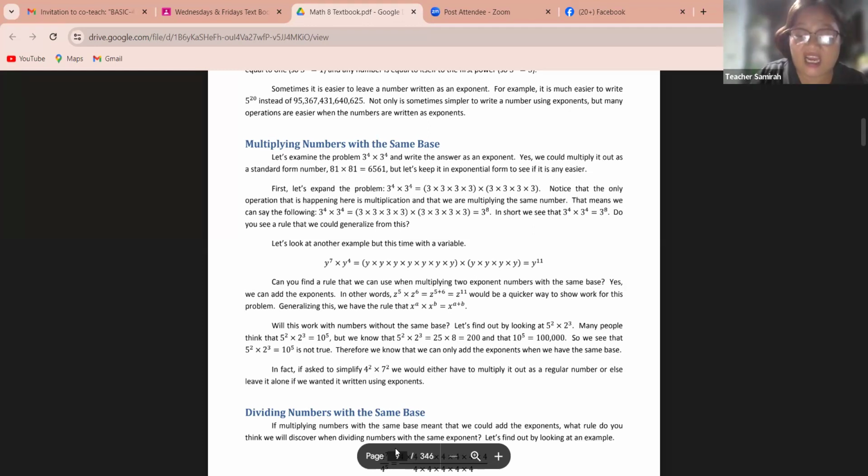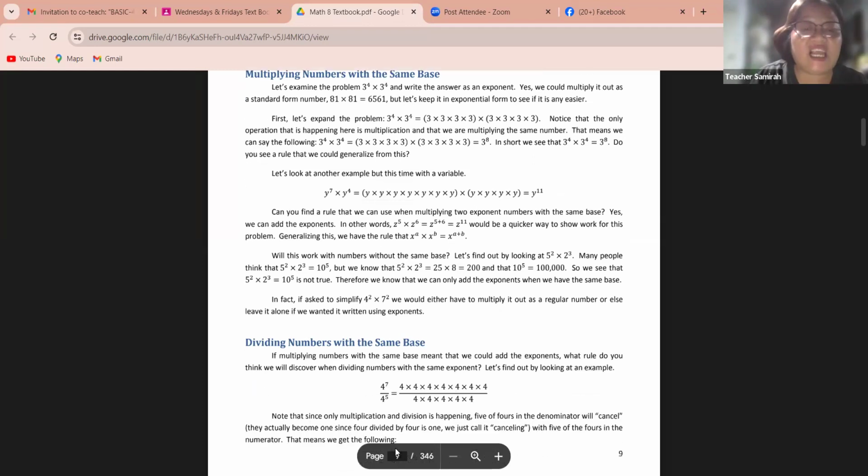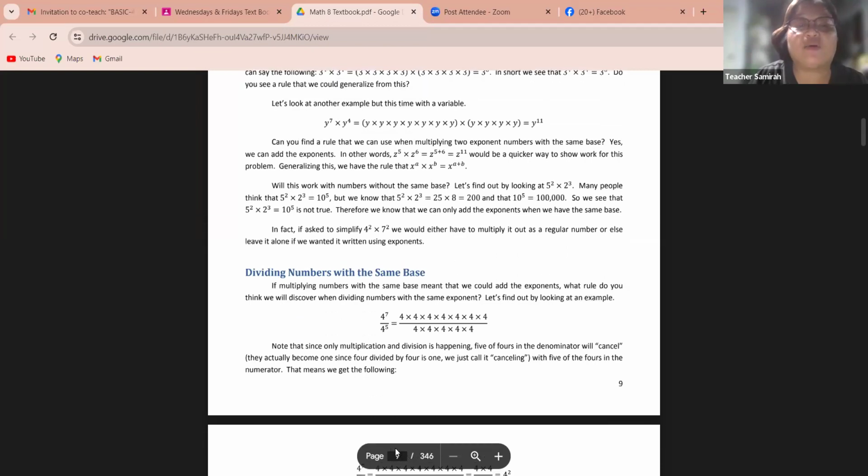And then the next one is dividing numbers with the same base.